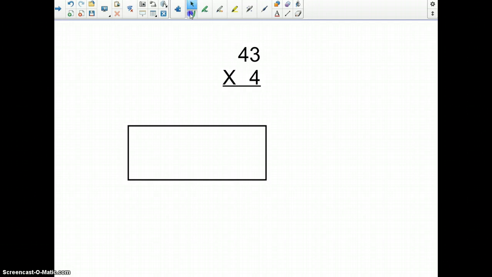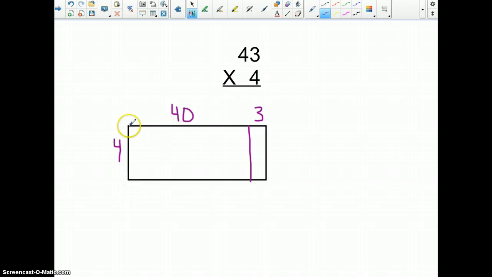And then I'm going to imagine that I break up my 43. I'm going to imagine that this along the top is a 40, 40 squares long, and then here is my 3 squares long. I'm going to multiply those by 4 squares high. So I am now going to take 4 squares high times 40 long.